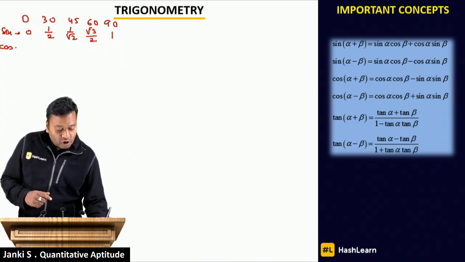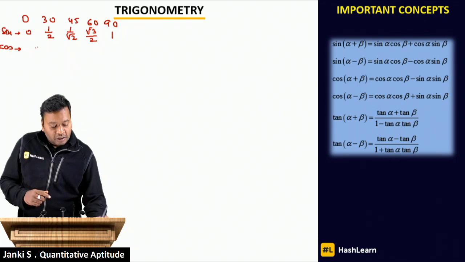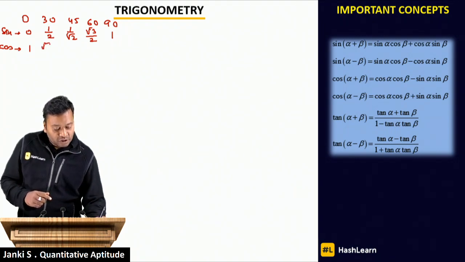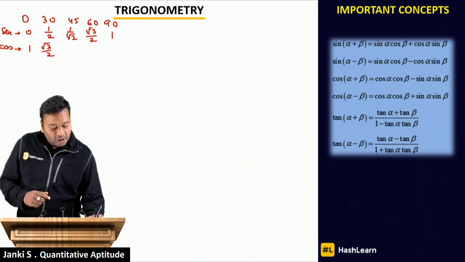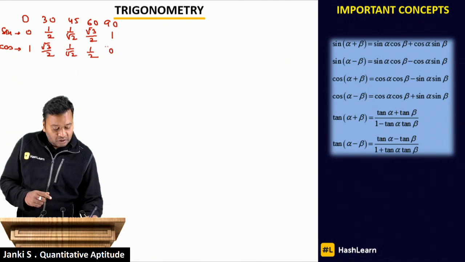Similarly, cos theta is just the opposite of this. Cos 0 is 1, cos 30 is root 3 by 2, cos 45 is 1 by root 2, cos 60 is 1 by 2, and cos 90 is 0.